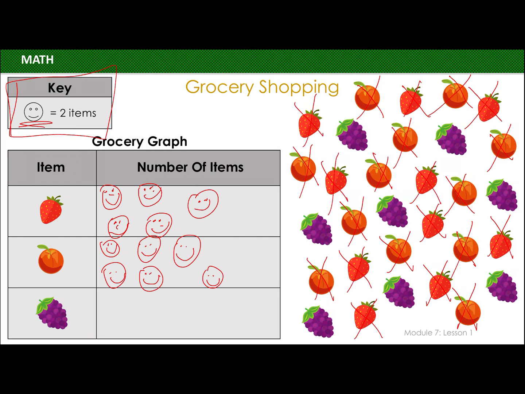I have 12 oranges. Now let's do grapes. I'm going to do the same thing. I'm going to count by 2s again. 2, 4, 6, 8 grapes.